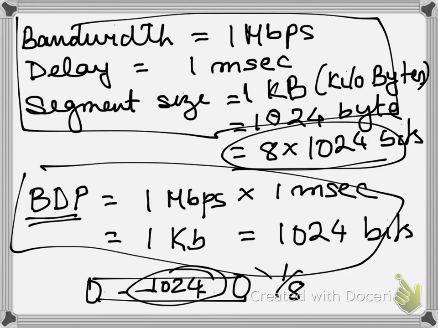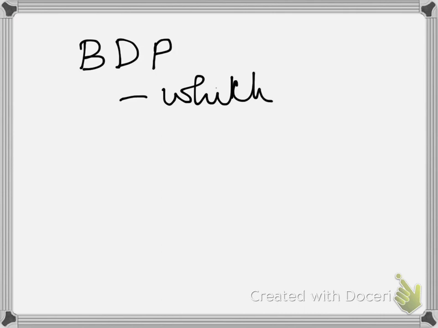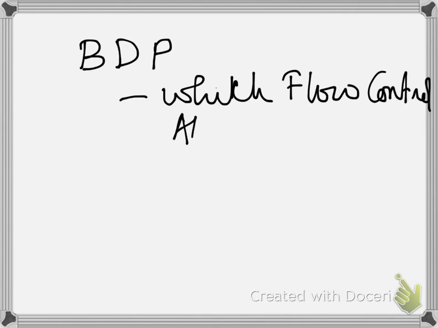So in today's video, we have seen that the BDP, the bandwidth delay product, can help you to choose which flow control algorithm you're going to use.